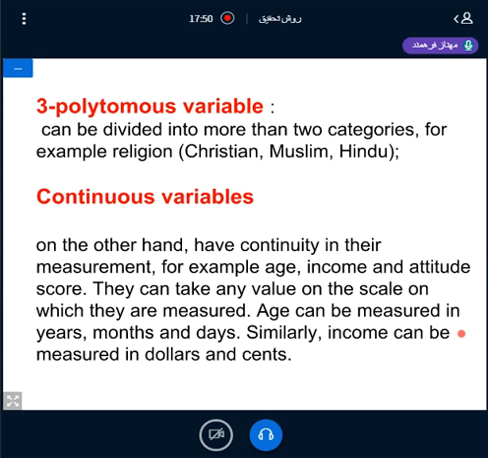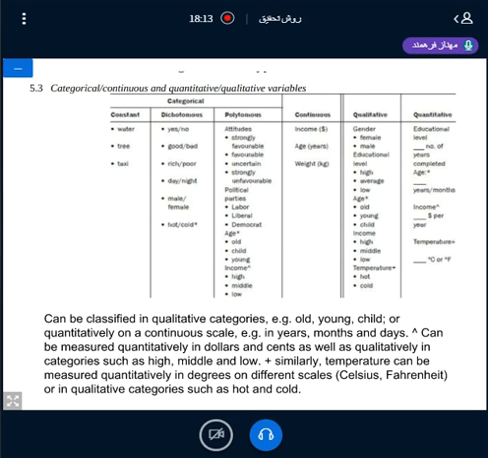Similarly, income can be measured in dollars and cents. So continuous variables are variables that we can measure.